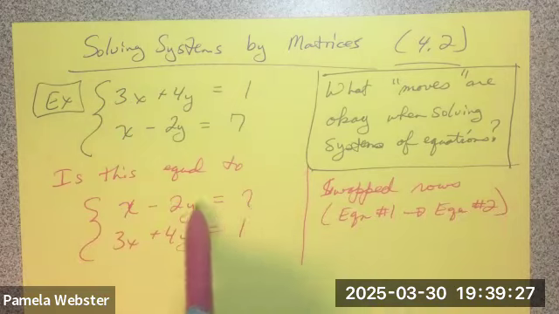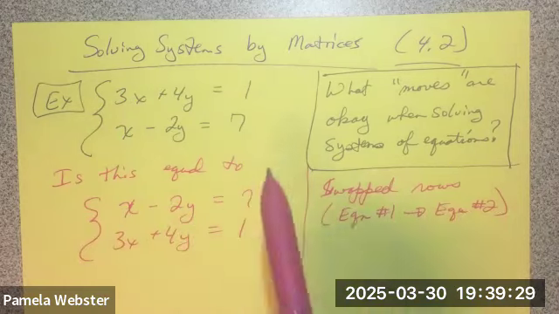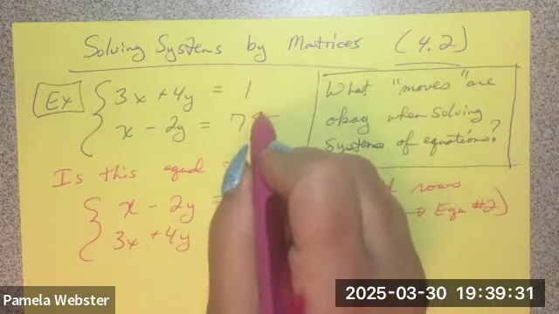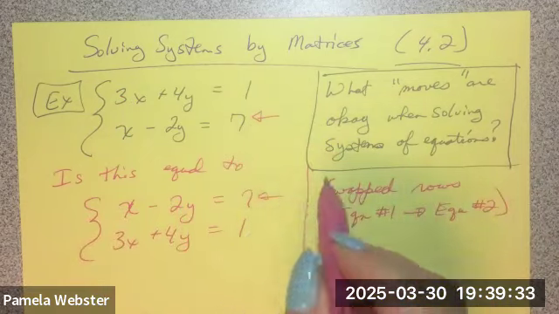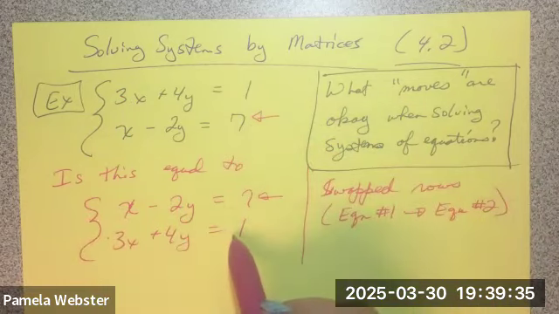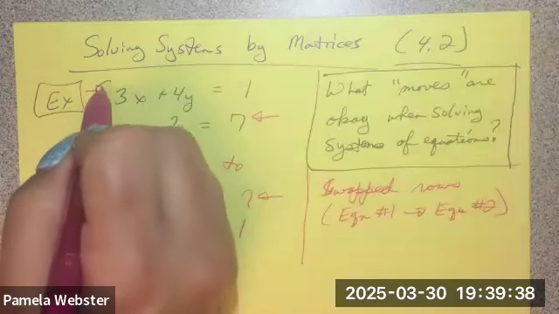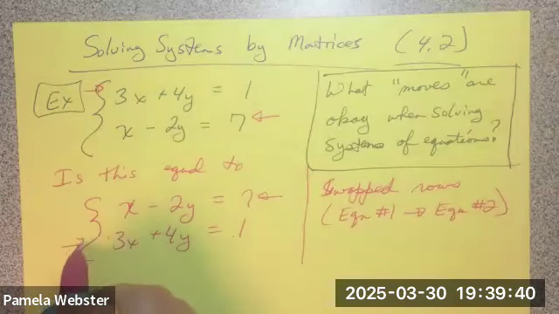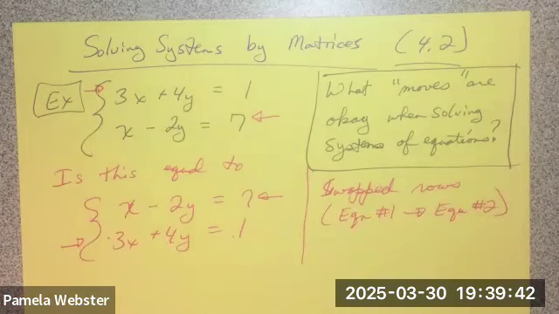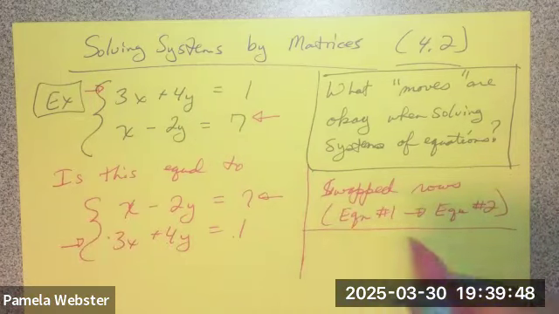This equation is still all together: x minus 2y equals 7. It looks just like it looked up there. And this equation, 3x plus 4y equals 1, looks just like it looked up there. So it's perfectly, I'm going to call them legal moves. It's perfectly legal for me to swap rows or to swap equations, the order.